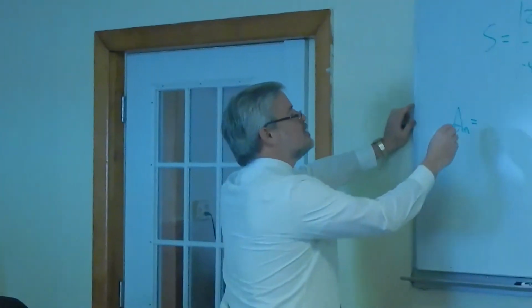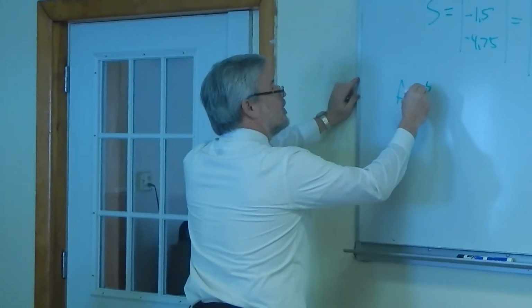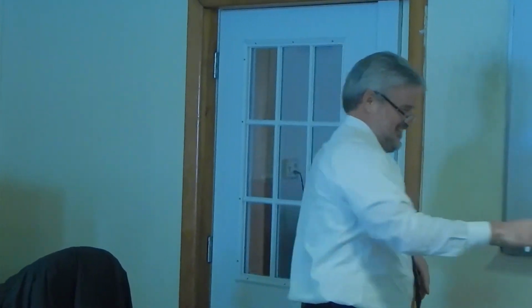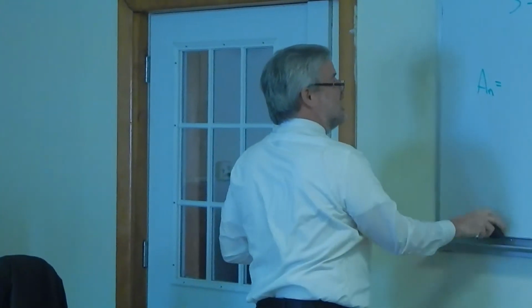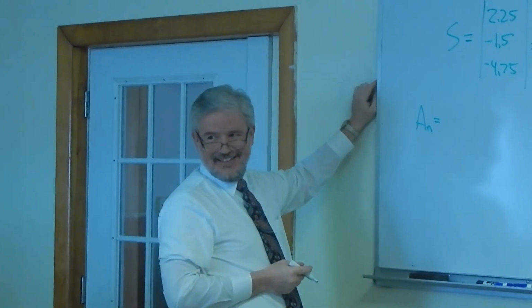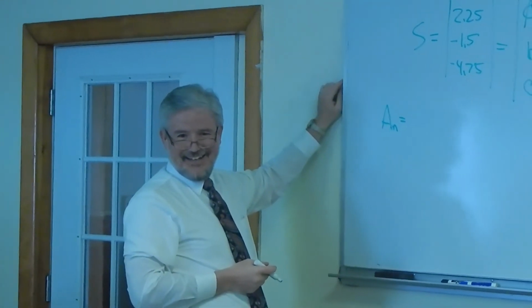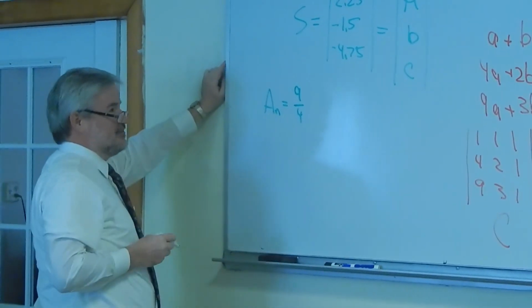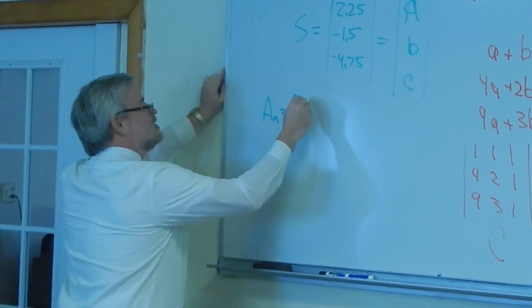2.25 is really what? How many quarters? 2 1/4, which is how much? Oh, no, not 5 halves. 9 halves. Don't listen to that guy. It's not even halves, it's 9 quarters. 9 quarters N squared.